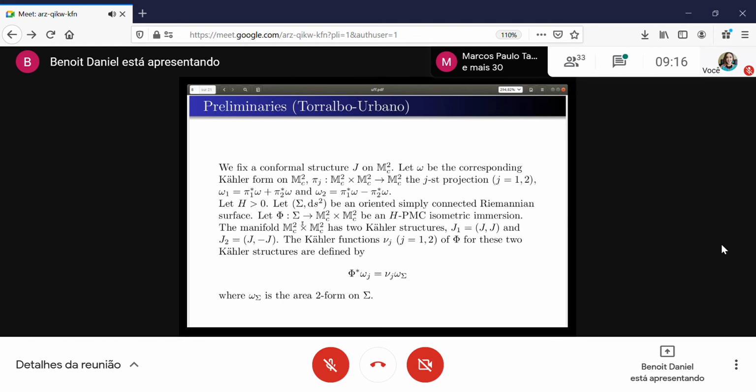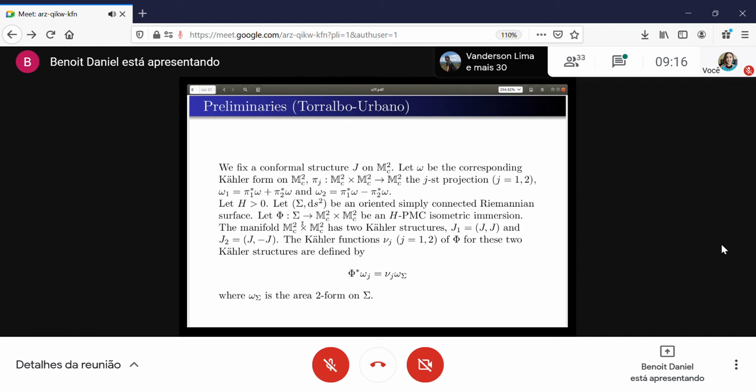I consider a positive number H, and an oriented, simply connected surface Σ with a Riemannian metric ds². Let φ be an H-PMC isometric immersion of Σ into M²(c) × M²(c). This manifold has two Kähler structures, J₁, which is the pair (J, J), and J₂, which is the pair (J, -J).